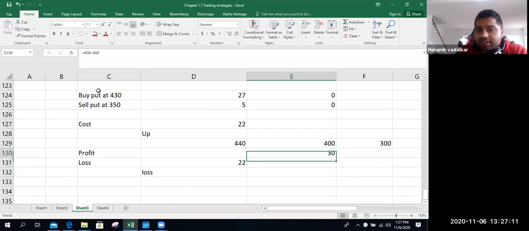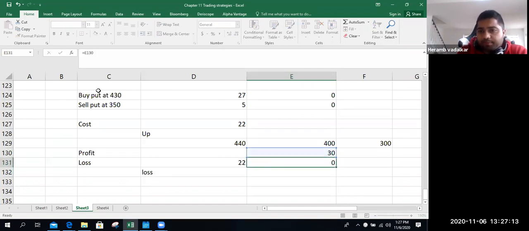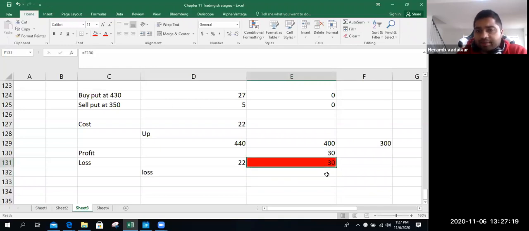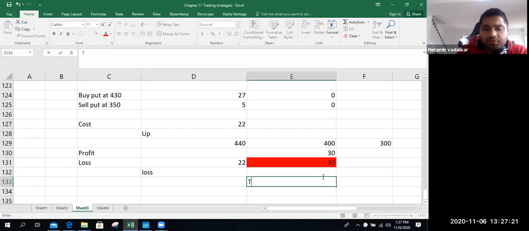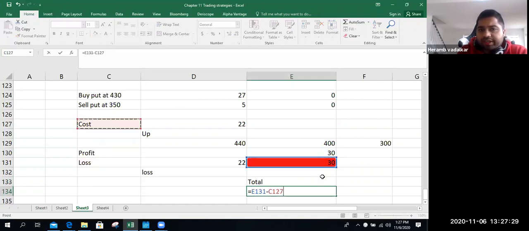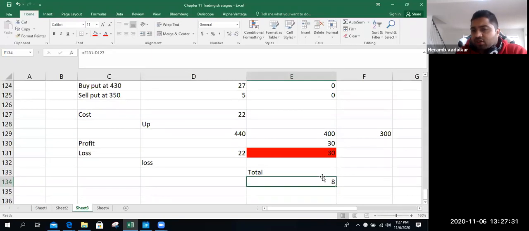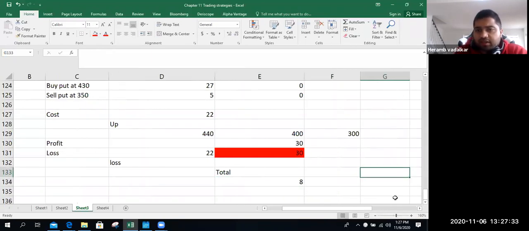So $30 is my profit from the position, $22 to set it up. So $8 of profit. What happens if it goes to 300?